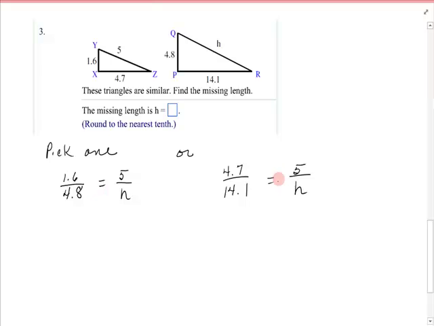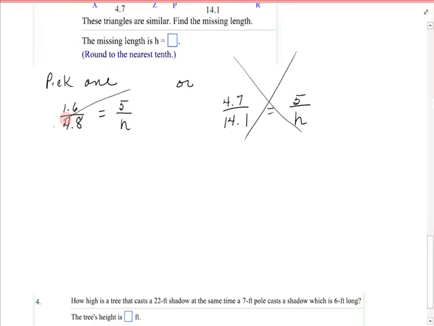You can use either one of these because you have lots of information. You have corresponding parts with the 1.6 and the 4.8, and another set of corresponding parts with the 4.7 and the 14.1. You don't need them both. These are slightly smaller numbers, so I'm not going to use this information.